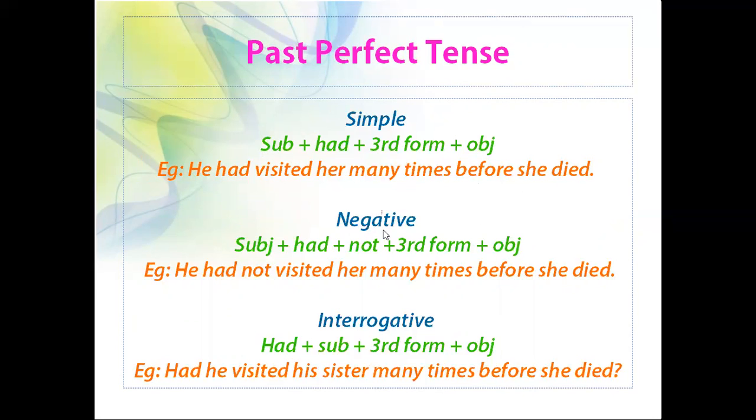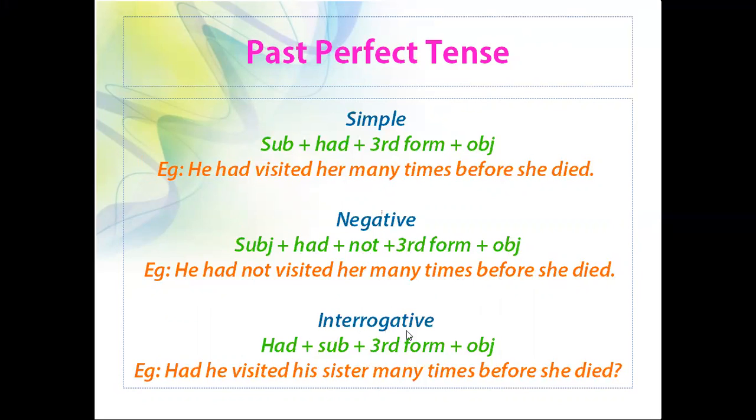While writing in negative, subject plus had plus not plus third form plus object. For example, he had not visited her many times before she died.